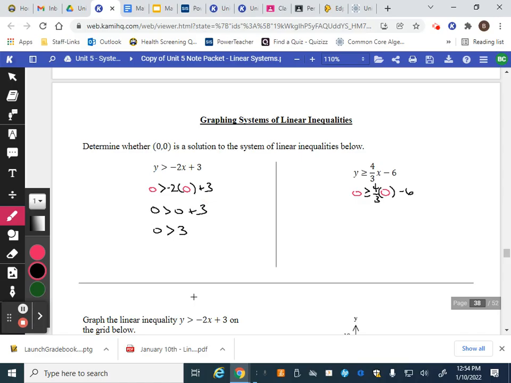So 0 greater than 3 does not work. But on this side, 0 greater than or equal to -6 does work. All right, so we'll go back to that and we'll use that after we graph.